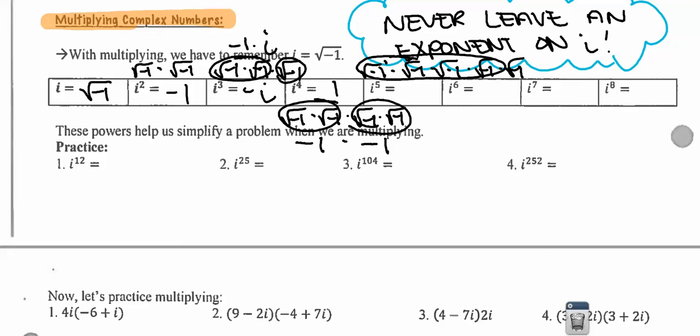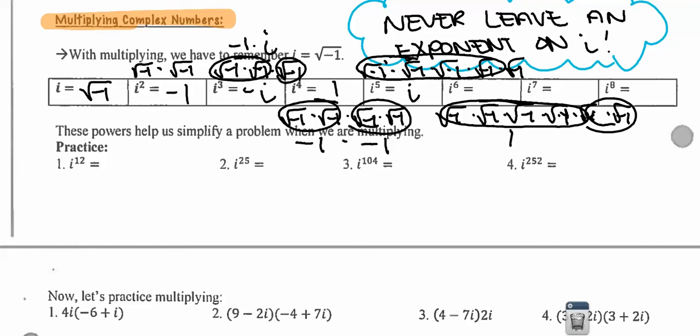And the square root of -1, that's just i, so i to the 5th is i. And i to the 6th, again, if I keep going to 6, 1, 2, 3, 4, 5, one more with my chicken scratch. I know i to the 4th makes 1, and I know i squared makes -1, so i to the 6th is -1.